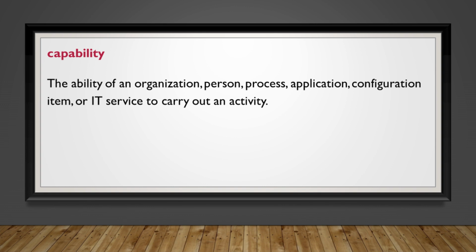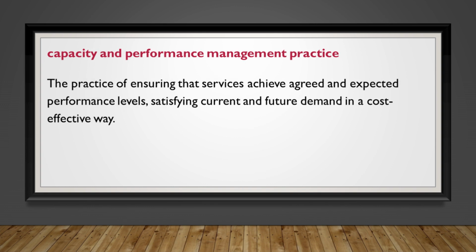Capability. The ability of an organization, person, process, application, configuration item, or IT service to carry out an activity. Capacity and performance management practice. The practice of ensuring that services achieve agreed and expected performance levels, satisfying current and future demand in a cost-effective way.